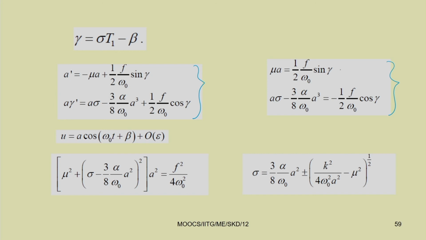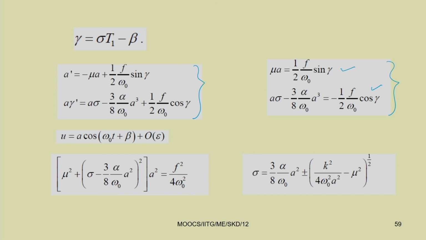You can note that on the right hand side of both equations, we can square and add to get sin squared gamma plus cos squared gamma. So the gamma term can be eliminated by squaring and adding.